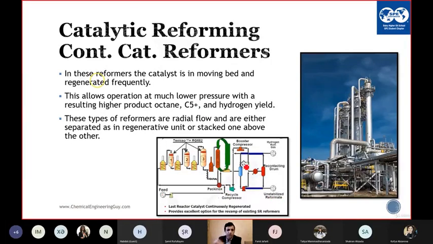We don't show the regeneration here. In this reformer, the catalyst is in a moving bed and regenerated frequently. This allows operation at much lower pressure with a resulting higher product octane. This type of reformer is radial flow and is either separated as in a regenerative unit or stacked one above the other.